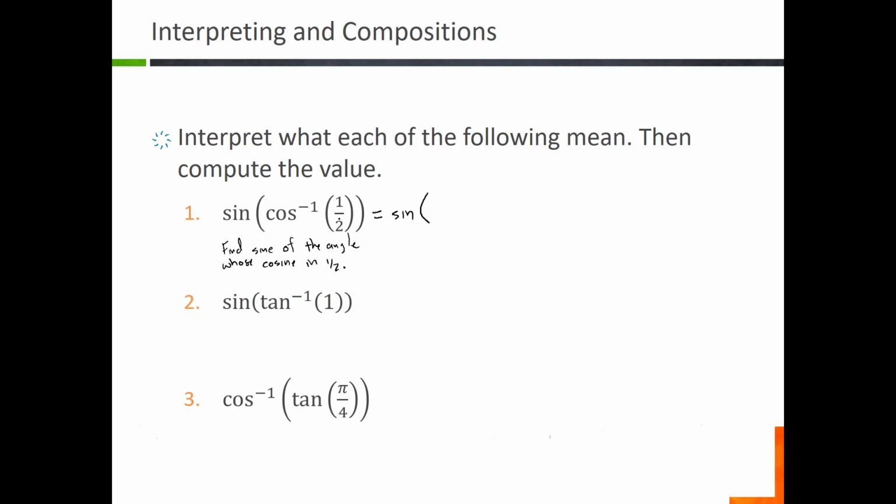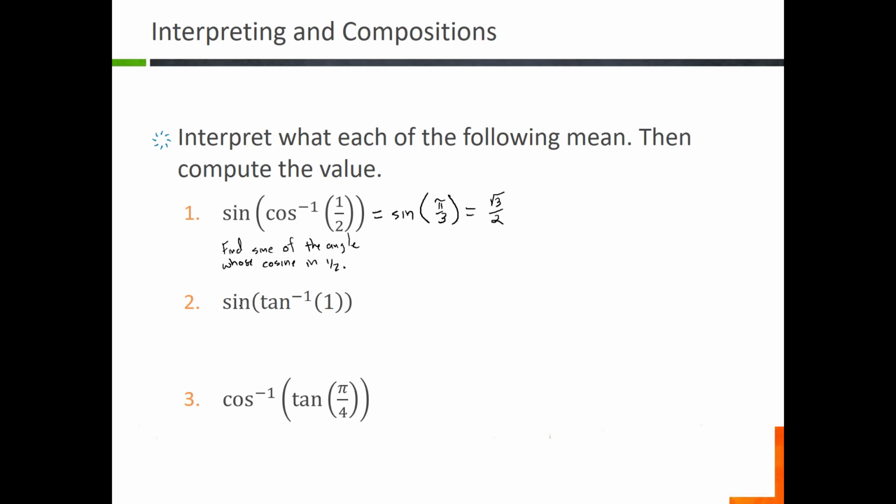Well, a half is a nice first quadrant value, and we know that the angle that makes cosine equal to a half would be pi over 3. Okay, so what is the sine of pi over 3? Well, it turns out to be root 3 over 2. So what is the sine of the angle whose cosine is a half? The angle that makes cosine a half is pi over 3, and we know the sine of pi over 3 is root 3 over 2.